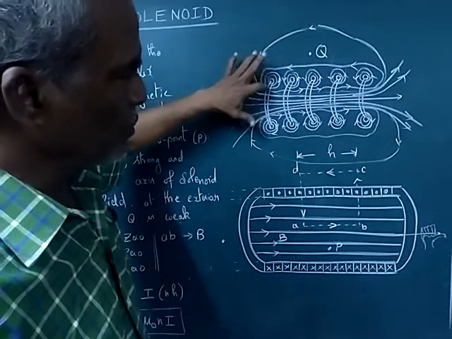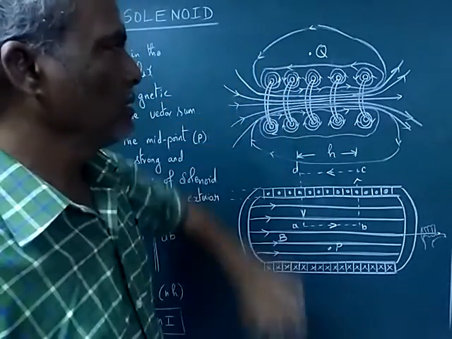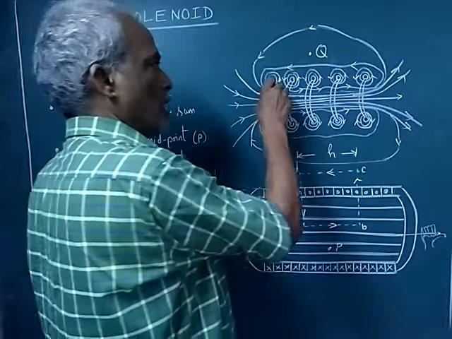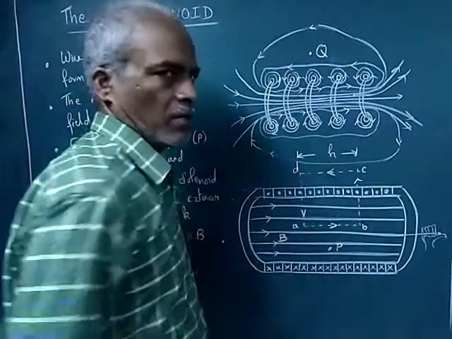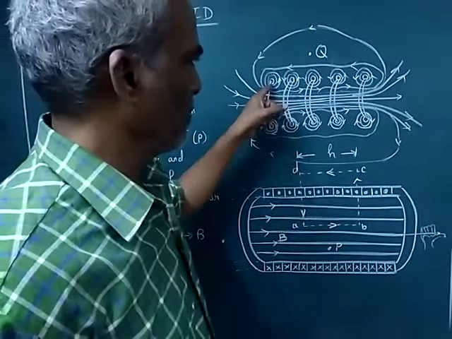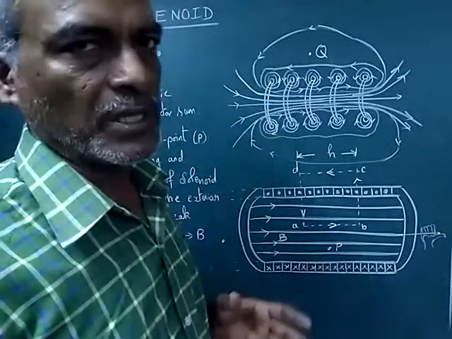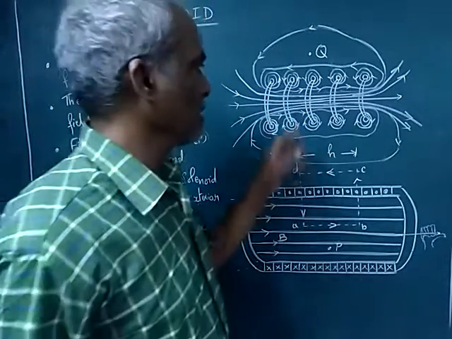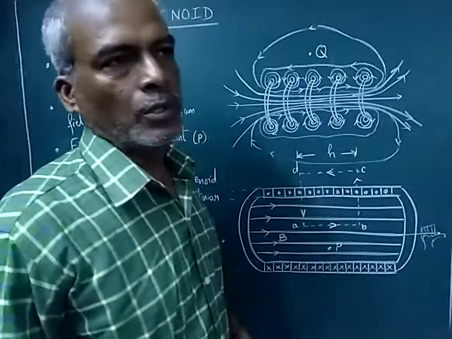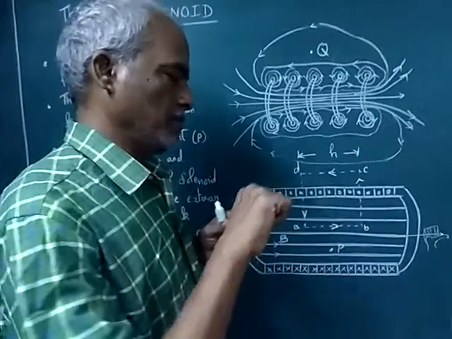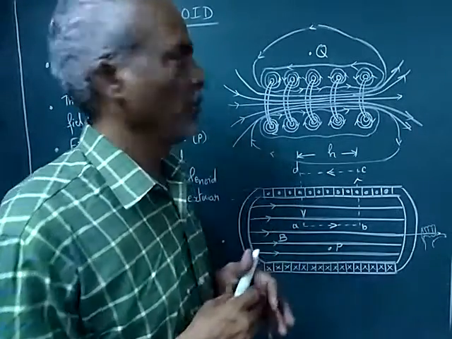Now what happens is, when the current flows through the conductor in the helical path, the surrounding field of each conductor, actually there will be a bunch of wires, but for explanation we are considering each and every wire. You all know that when a conductor carries a current, there is a magnetic field.